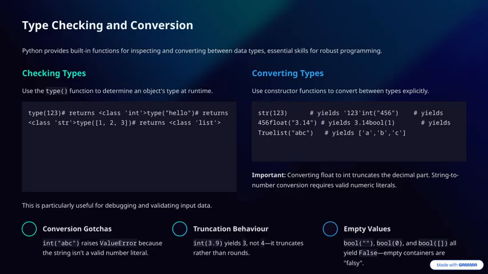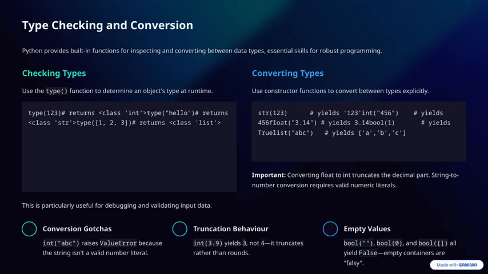Converting a float to an int, like int(3.9), truncates the decimal part rather than rounding, so it results in 3. It's also important to note that string-to-number conversions require the string to be a valid numeric literal. Otherwise, Python raises an error.